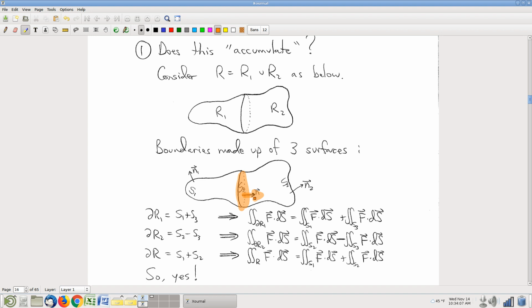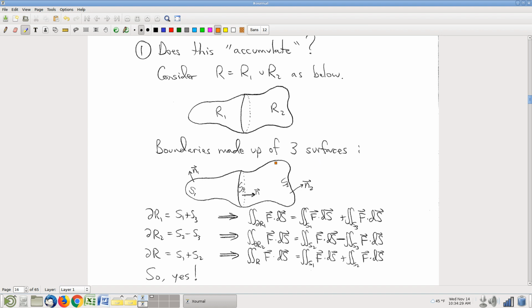We can talk about flux through S3 as it arises, which it will. And then here's S1, and here is S2, oriented as indicated. Again, arbitrary how I do those orientations.